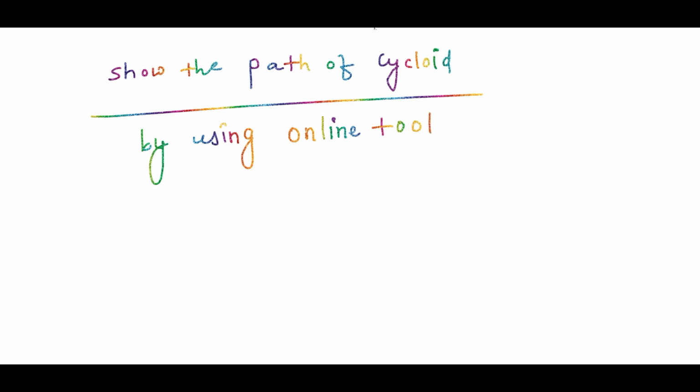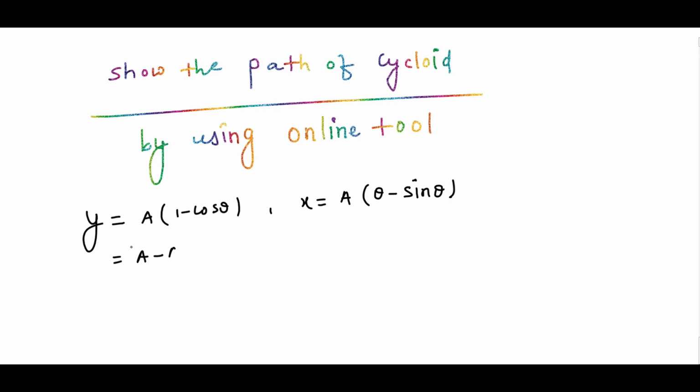First of all, we need to consider the given cycloid, that is y is equal to capital A, 1 negative cos theta, and the value of x, that is capital A theta negative sin theta. So now open the bracket by multiplying the A, it will give A negative A cos theta, and x equal to A theta negative A sin theta.